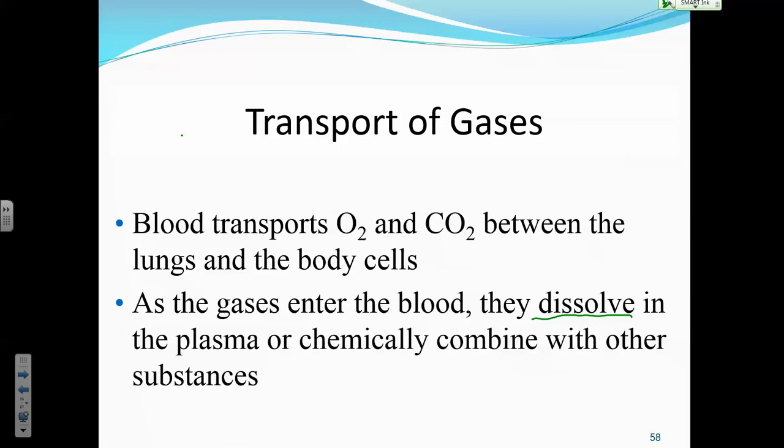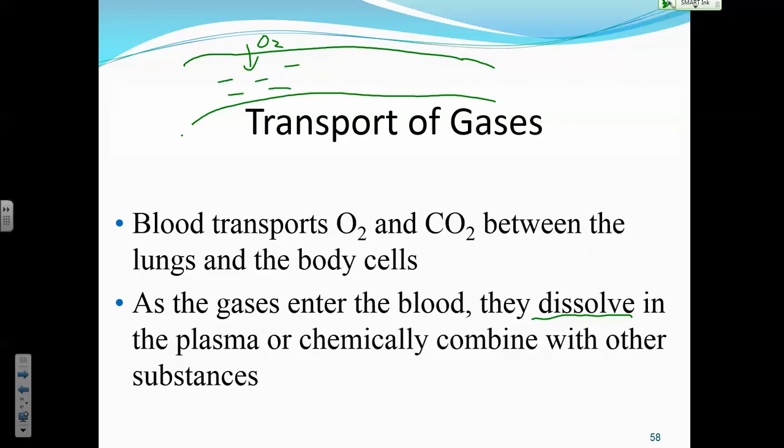So what that means is, let's say here is a blood vessel, and these numbers are not accurate, okay? But let's say oxygen's going to move into a blood vessel at the lungs. There is a limit as to how much oxygen can dissolve in the blood plasma. You know, there's a saturation limit.